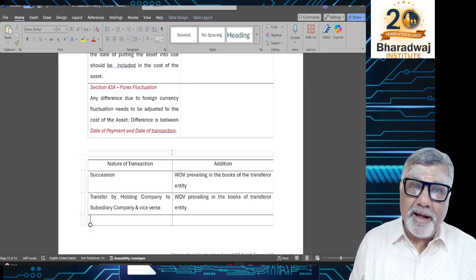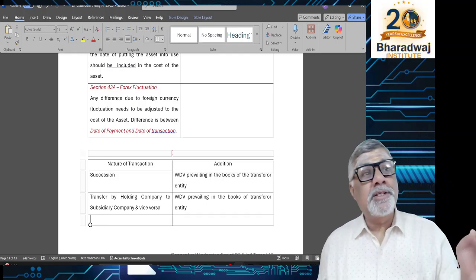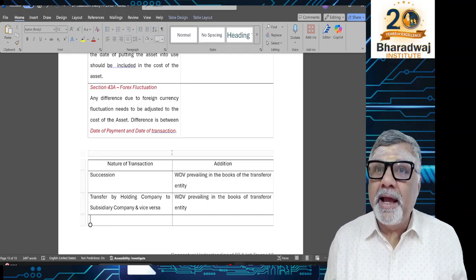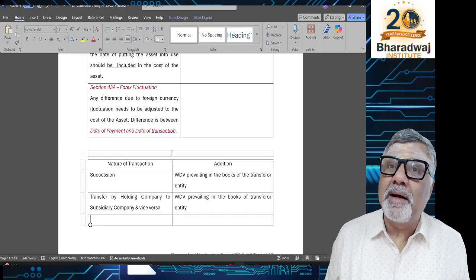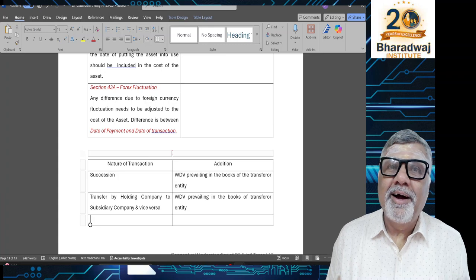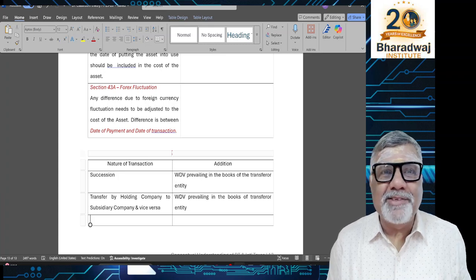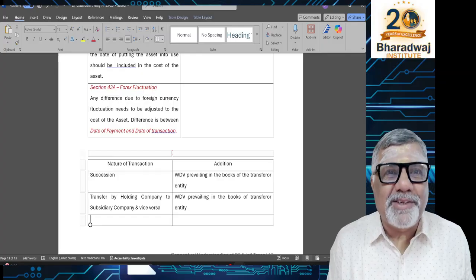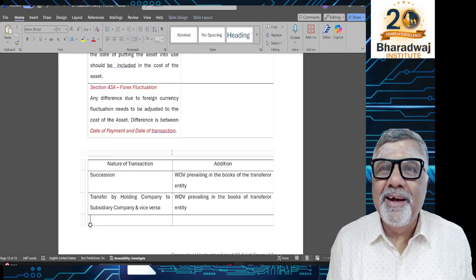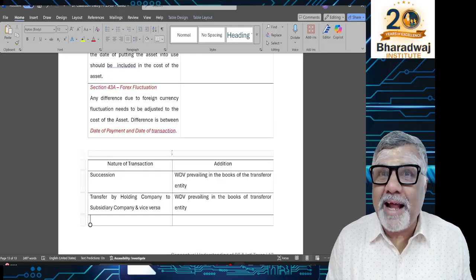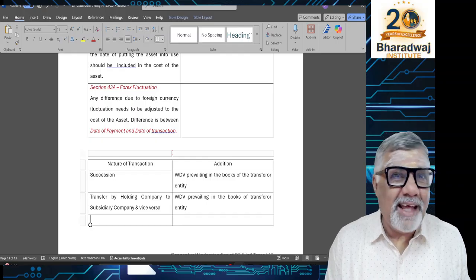Okay, right? And now in the next chapter, we are going to say these are not regarded as transfer. Obviously, this cannot be a transfer, because you are not allowing me to transfer at any other value. Only if you allow me to transfer at 40 lakhs, there will be capital gain.